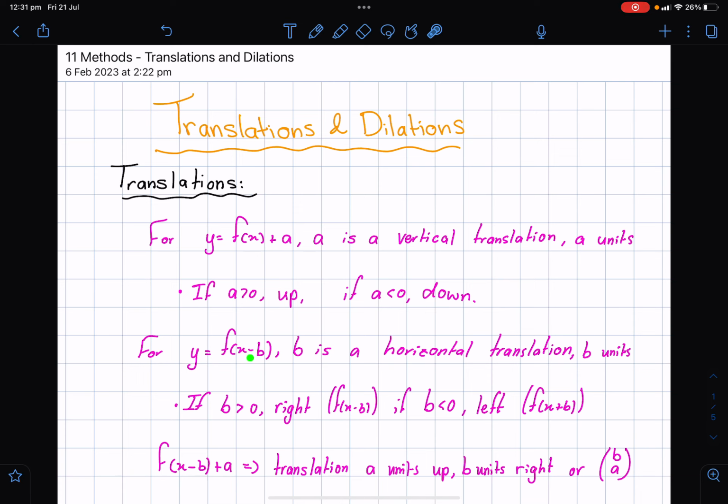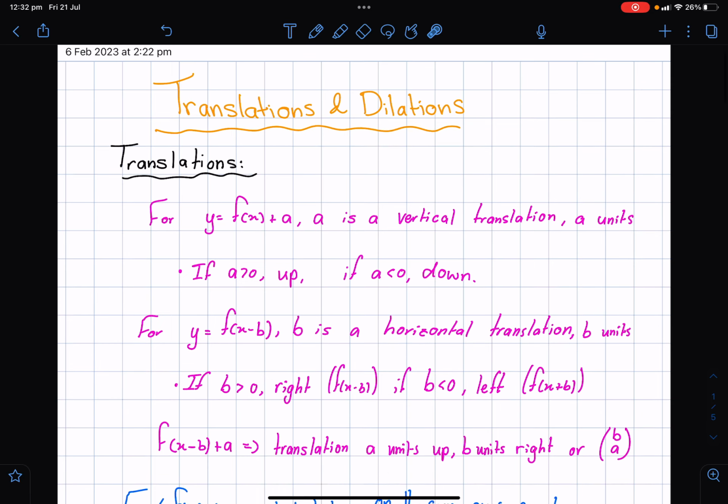So if this is a negative in here, so x minus 2, it goes to the right 2 units. But if it's x plus 2, it actually goes left, okay? So if b is greater than 0, so this stays negative because there's already a negative here, then it moves right. But if b is less than 0, we get the double negative, which gives me a positive, we move left.